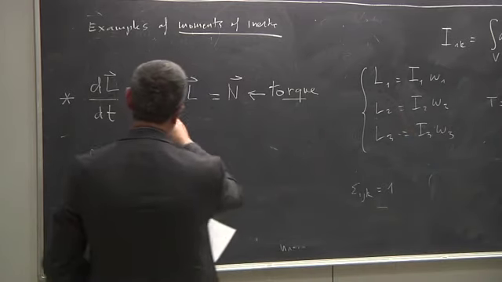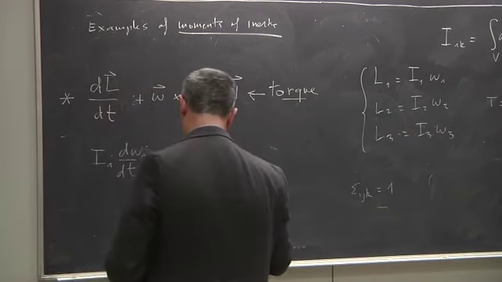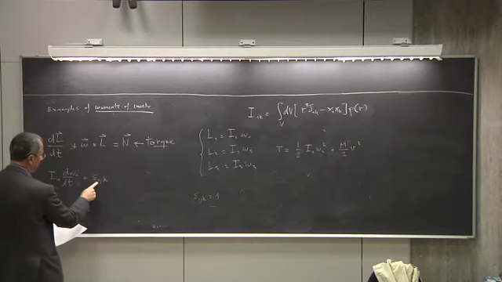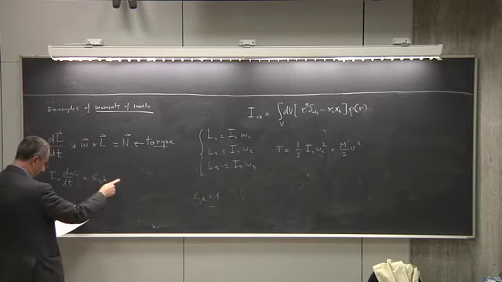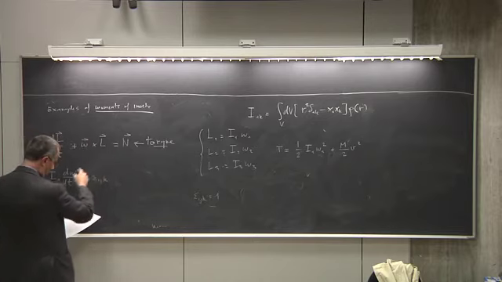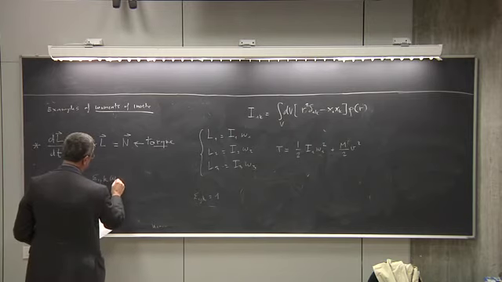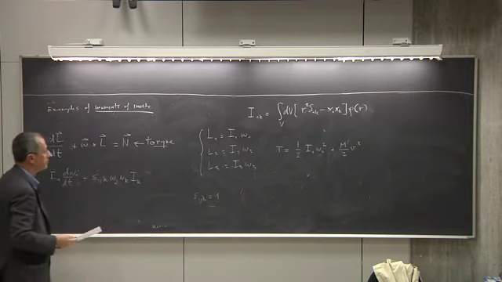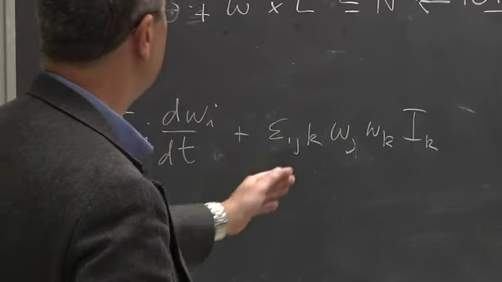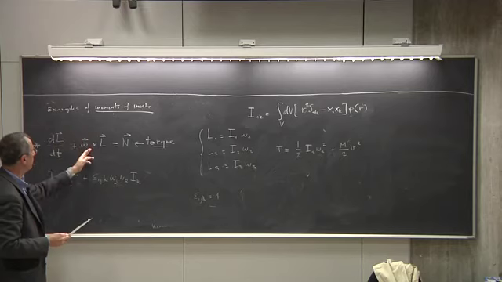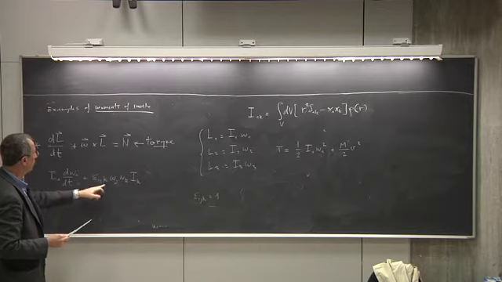This allows you to write the vector product. So I is this I, then I have J, K that run over the two angular momenta: omega J, omega K, and then I K. This is just a rewriting of the vector product in terms of components.